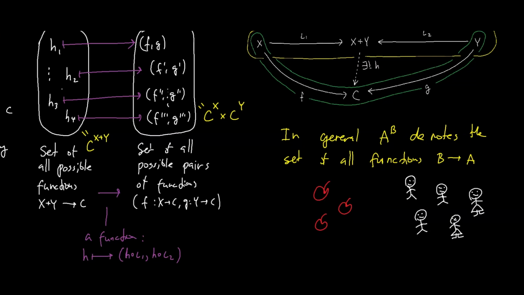Okay? So a function can be viewed as a process of giving apples to the kids. And of course, we don't have enough apples, so not everybody will get an apple, unfortunately. So one way we can do this is we can give this apple to that kid, give this apple to that kid, then give this apple to this one, and the other ones don't get anything. Now, every time I hand out the apples, I'm performing a function, right? How many ways can I hand out the apples? What are all possible ways of doing this?